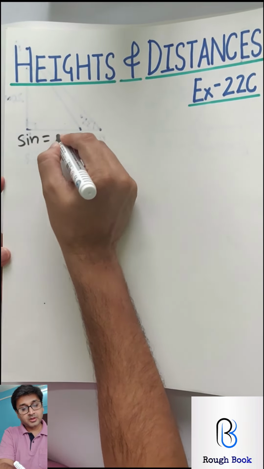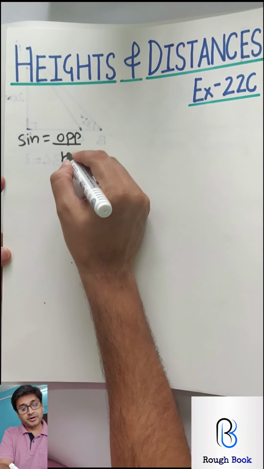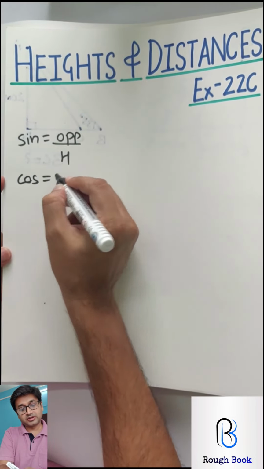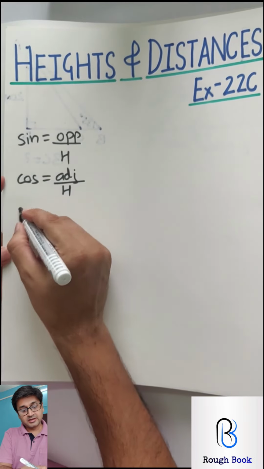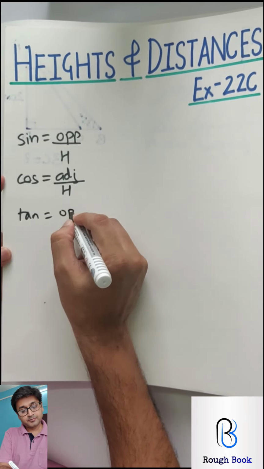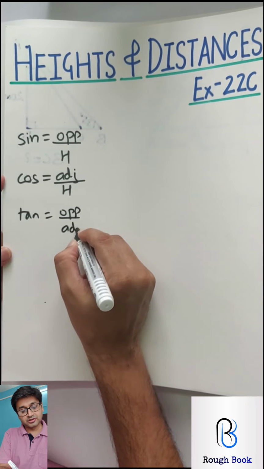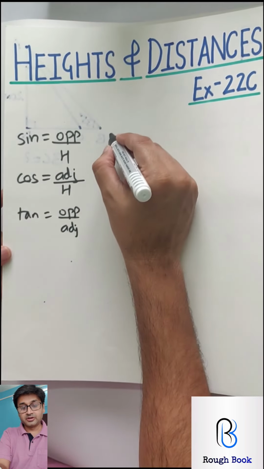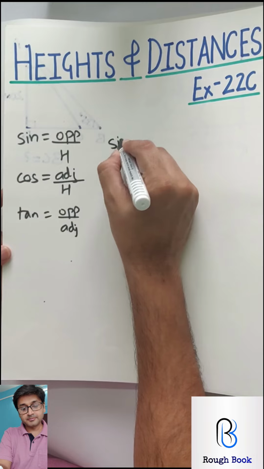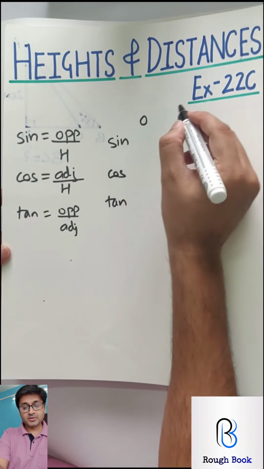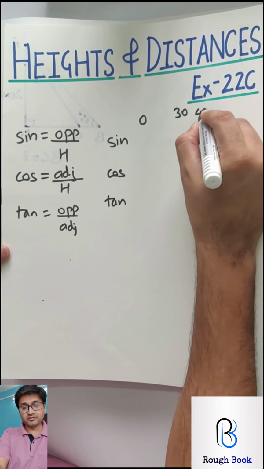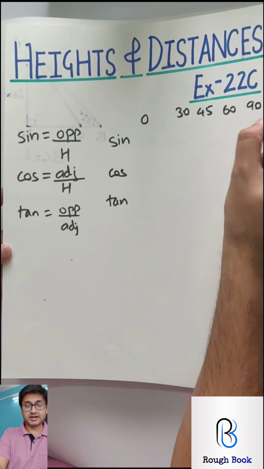Sine is opposite upon hypotenuse, cos is adjacent upon hypotenuse, and tan is opposite upon adjacent, and then the table with the values. So sine, cos, tan, for 0, 30, 45, 60 and 90.